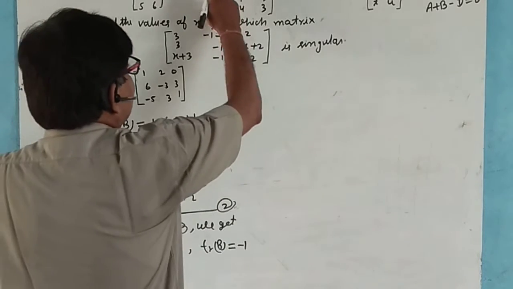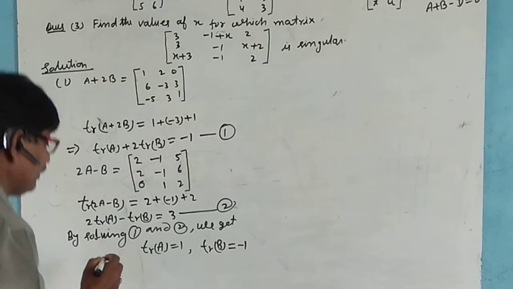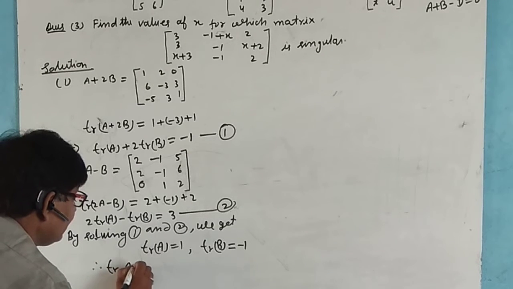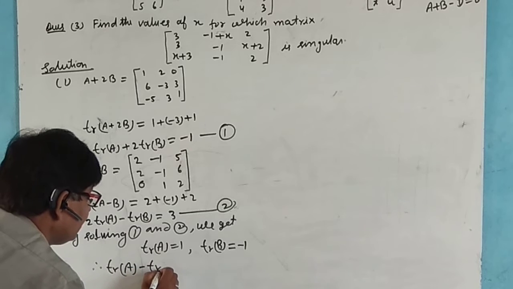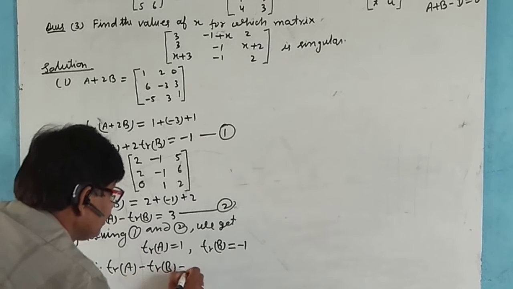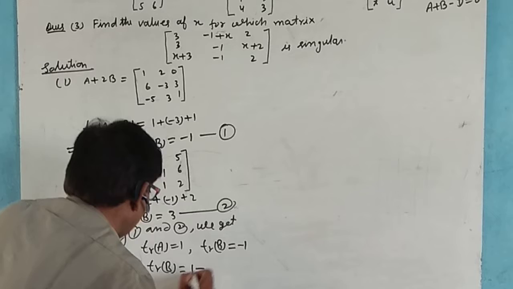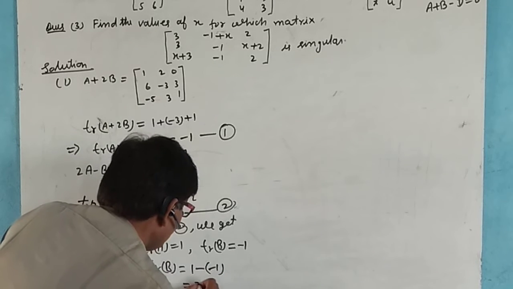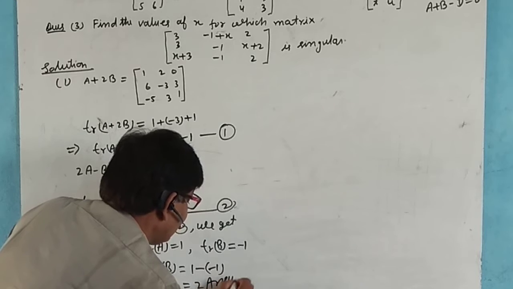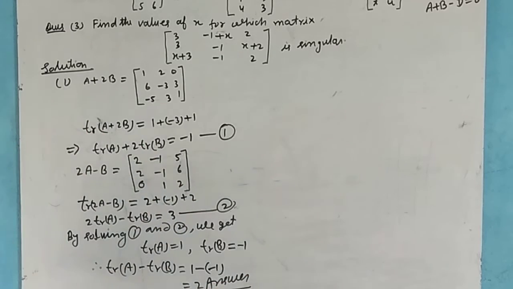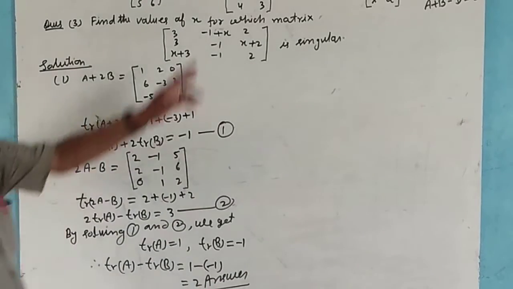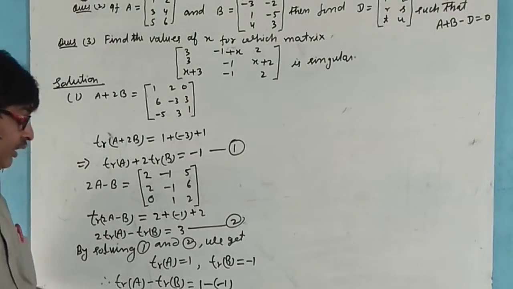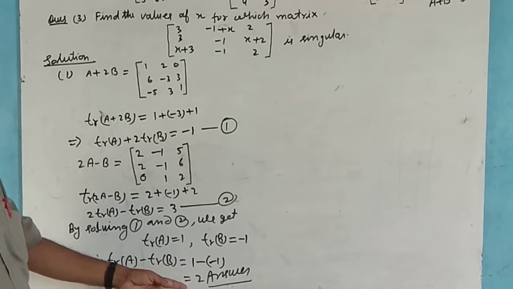We have to find trace A minus trace B. Thus trace A minus trace B equals 1 minus (minus 1), which is equal to 2. This is our answer: trace A minus trace B equals 2.